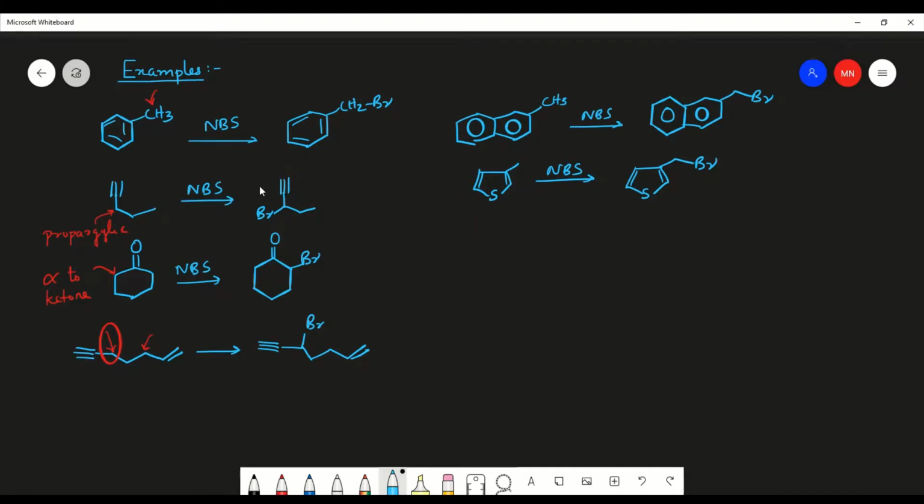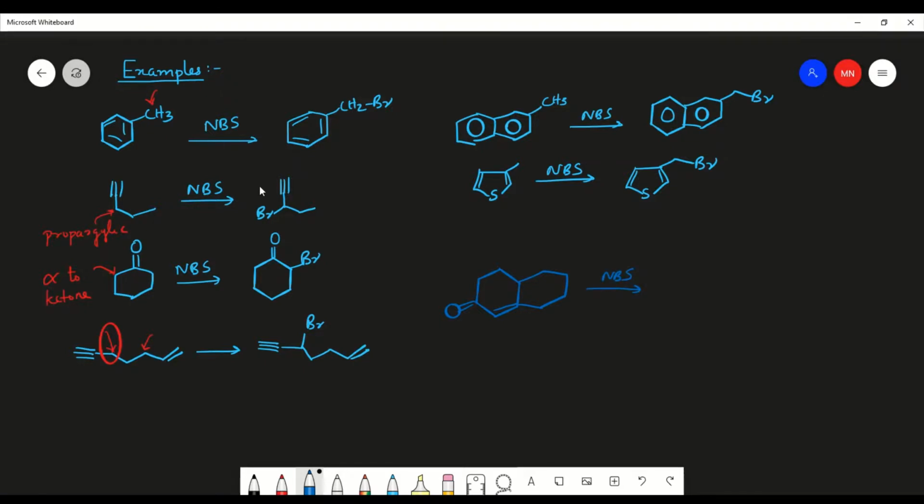Okay, now another important example is this one. A typical example where there is a competition between the allylic positions. Okay, so here a keto group, here a double bond. Now if you are treating with NBS, what will be happening?